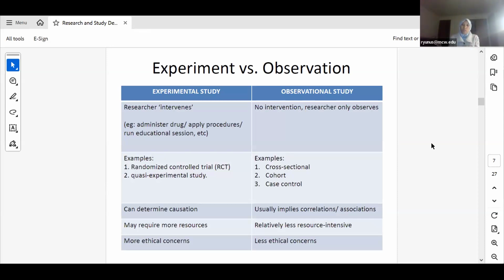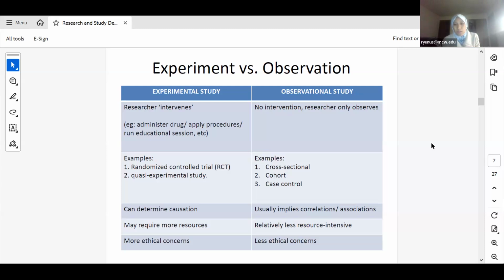Your role is just to sit back, observe, and document, right? You do not do anything active to intervene in your research subjects, or try to manipulate any variable.